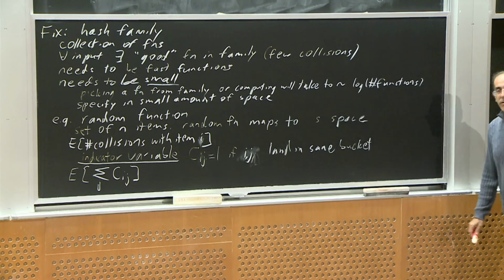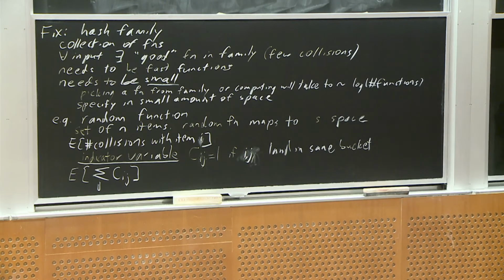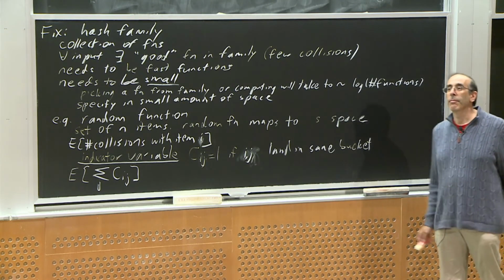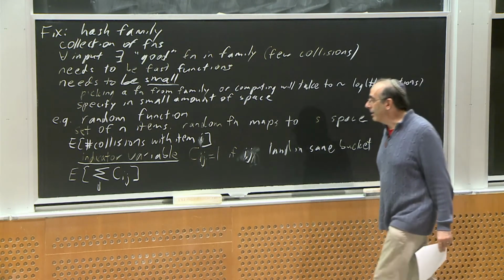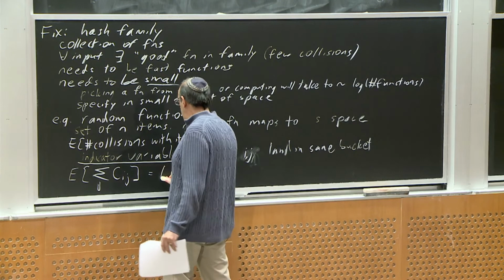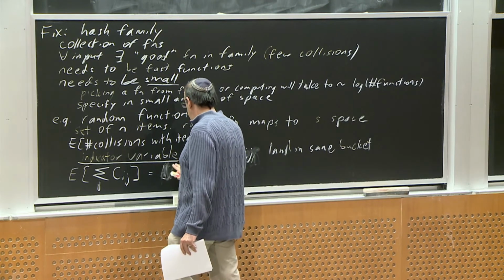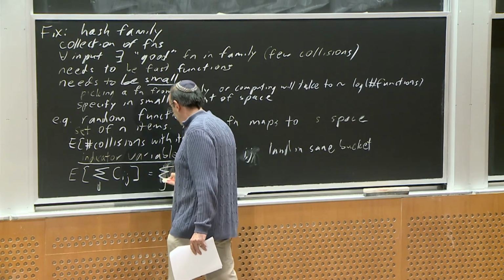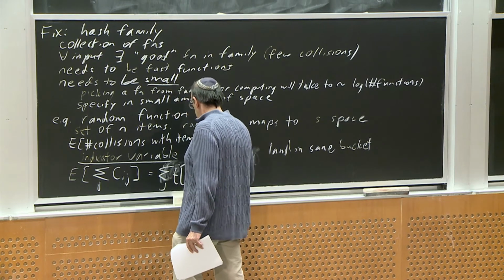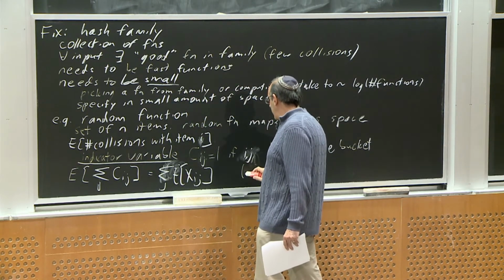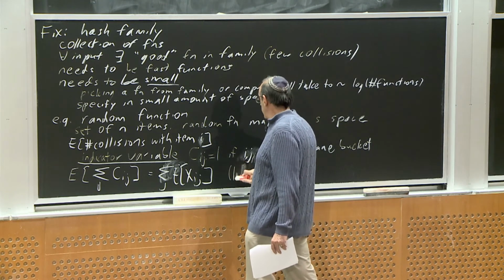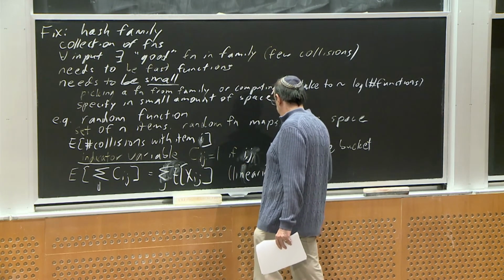Okay. How do I evaluate this expectation of a sum? Yes? Right. So this can be evaluated as the sum of the expectations using the next key idea, which is linearity of expectation.